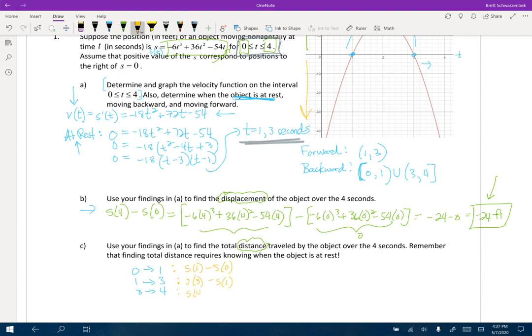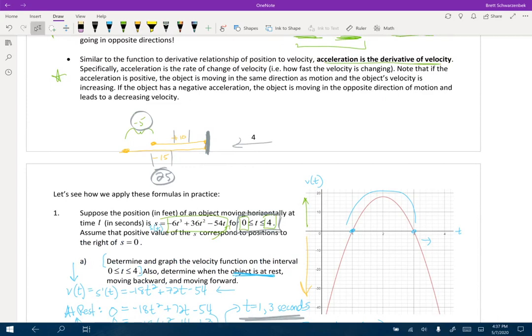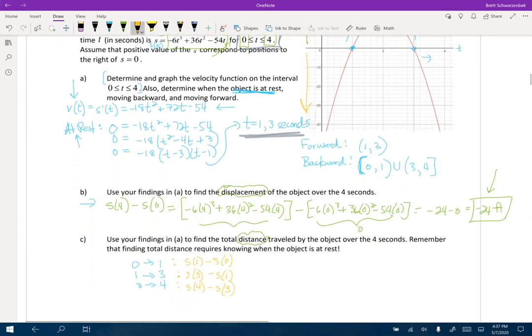S of 4 minus s of 3. So essentially you're computing the displacements, but you're being very careful not to overlap the rest values. You want this thing to be at rest at a certain point so that we're getting this full distance, then this full distance separated. If we don't do that, we will not get the correct response.